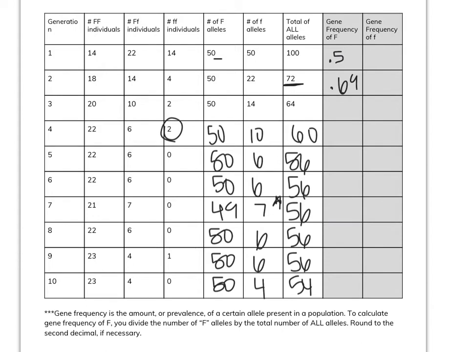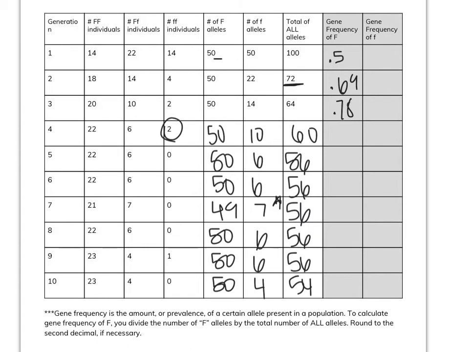And for generation 3, we do 50 divided by 65. Okay, and the gene frequency, I'll go ahead and do the gene frequency of little f. Logic dictates that we take the number of little f alleles and divide it by the total number.